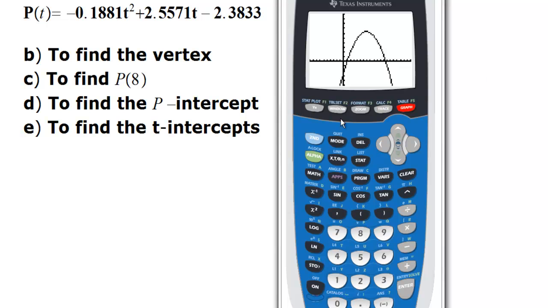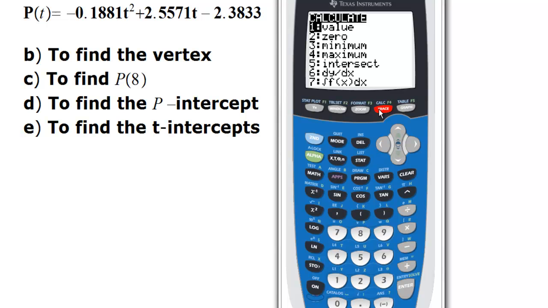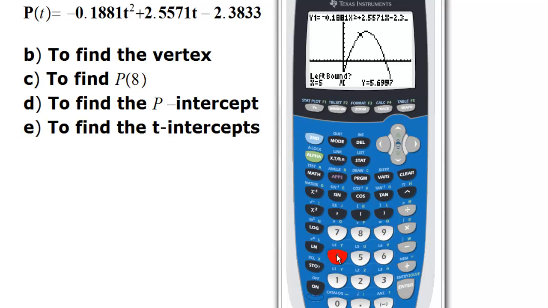Okay. So first let's find the vertex. Now the vertex here is going to be the maximum point on this parabola. So we go to second calc, or we just go to calc, and we have to find maximum. So we will choose maximum.